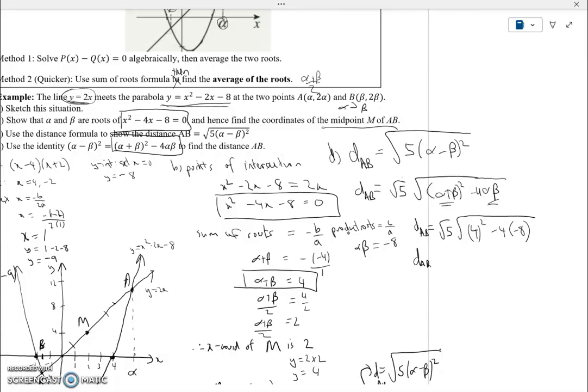Alright, let's keep simplifying. So it's 16 plus 32, which is 48. Take out the square factor of 16. That's going to be 4, and then root 5 times root 3 is root 15 units. So that's the distance between A and B. Okay, see you in the next video.